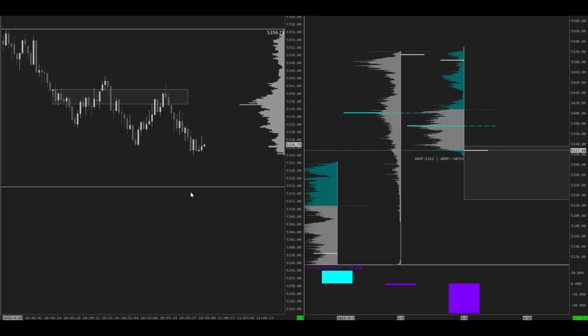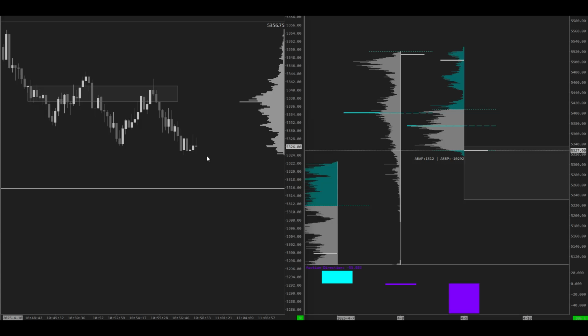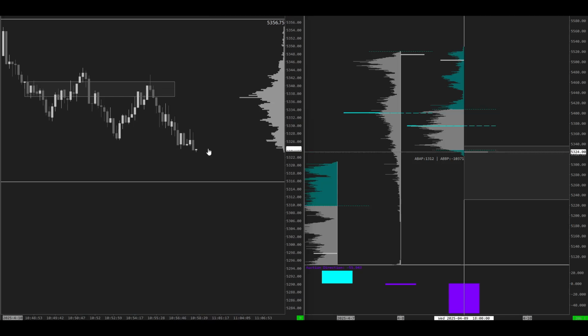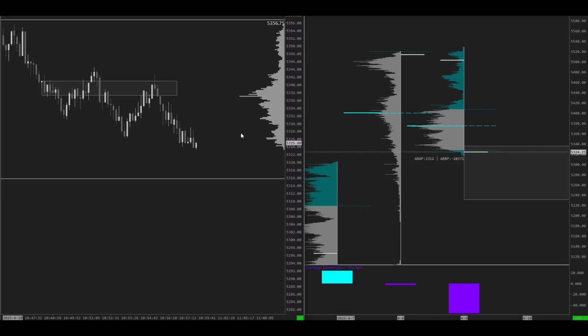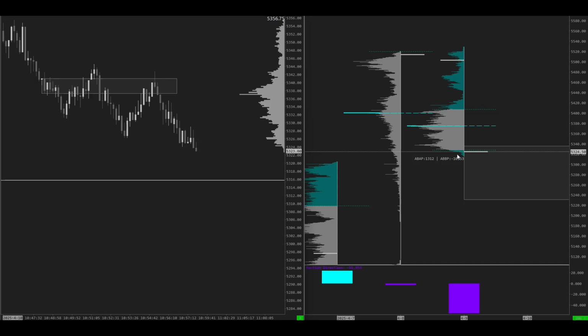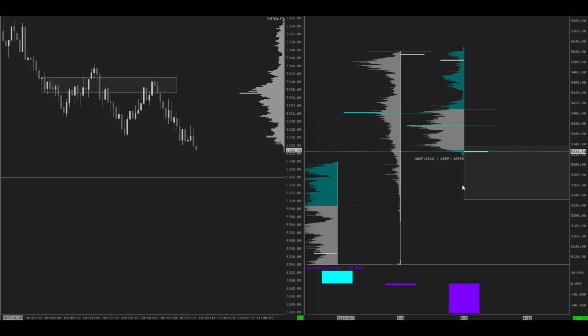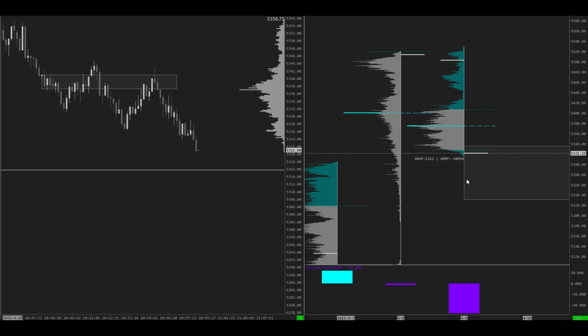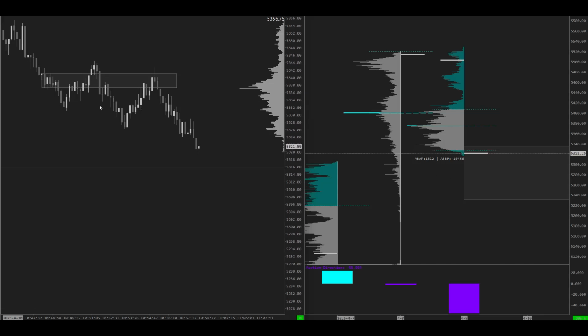And then they'll just flush this low, flush out a lot of this positioning, and then maybe they'll defend down here, or maybe they'll just keep taking it lower. You never know. We'll have to wait and see. But like I've been saying the whole time, I expect them to flush this out. That's why I'm still holding shorts.